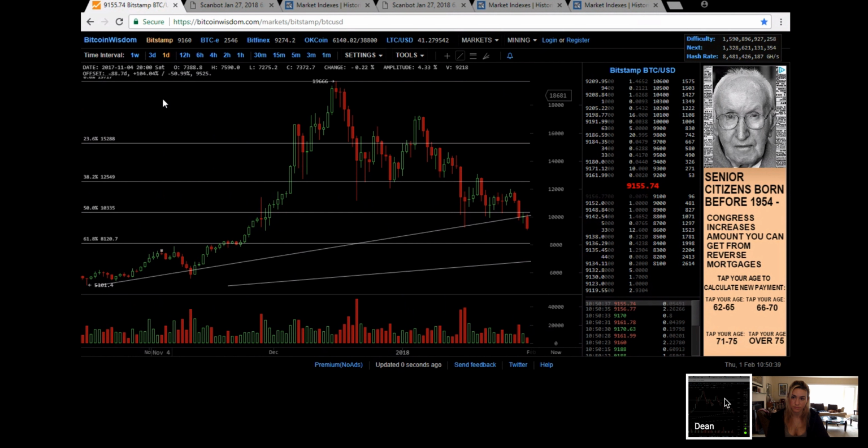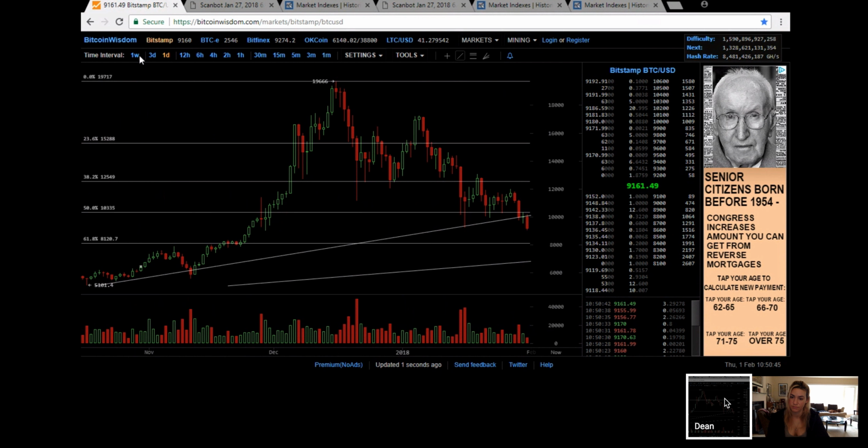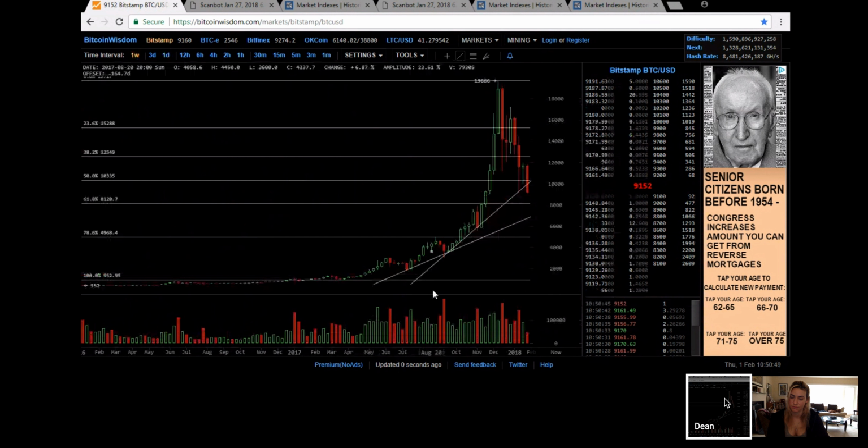These lines are called Fibonacci lines, in this case, either extensions or retracements.